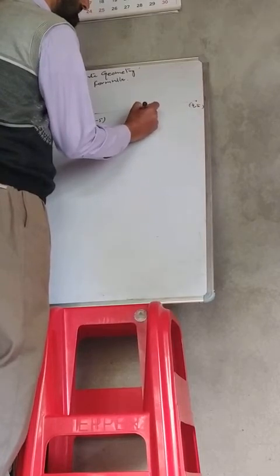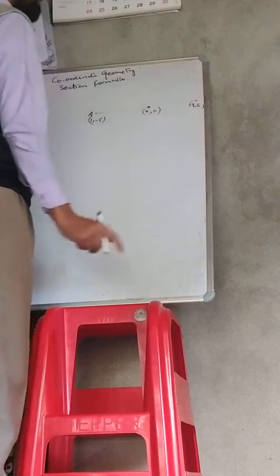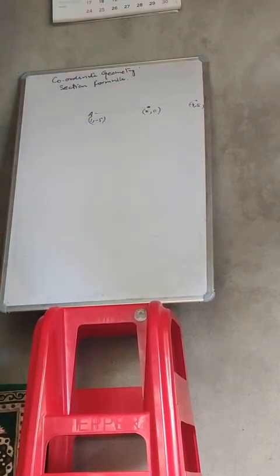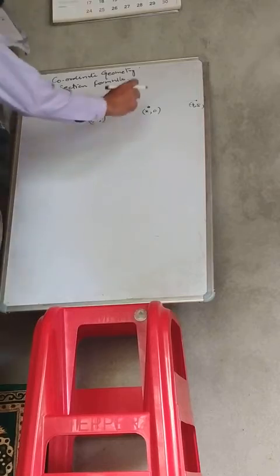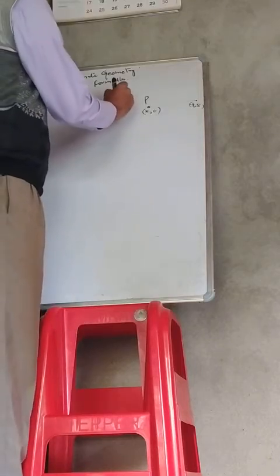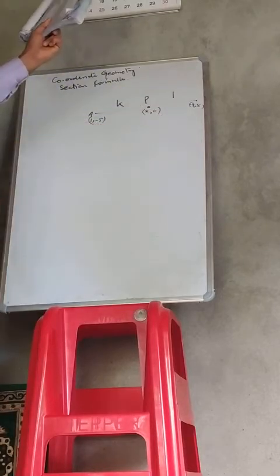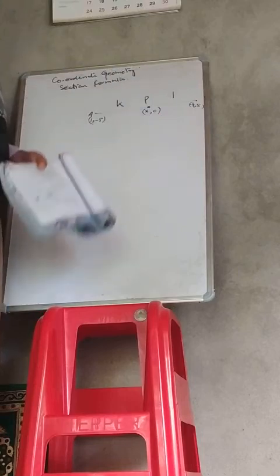So the x coordinate is there and y is 0 obviously because it is divided by the x-axis. So x, 0 is the coordinates of this point of division. And what is the ratio? Let it again be k is to 1. So you have to find the ratio again in this question.